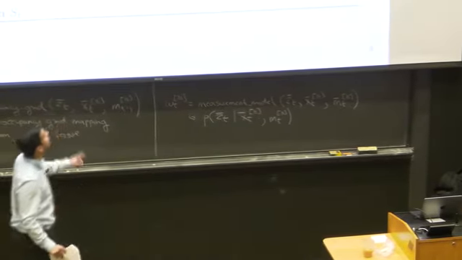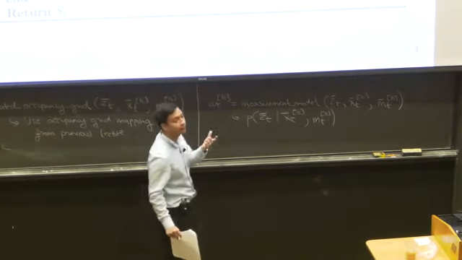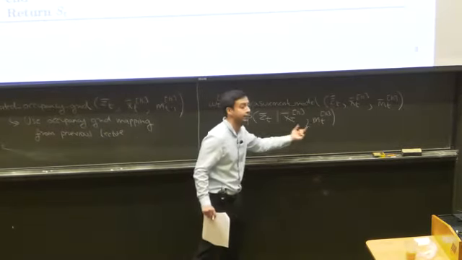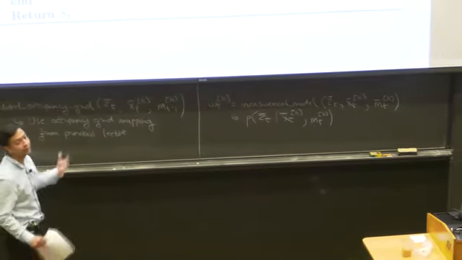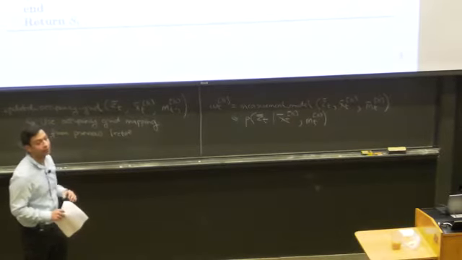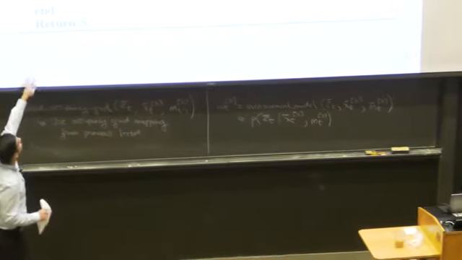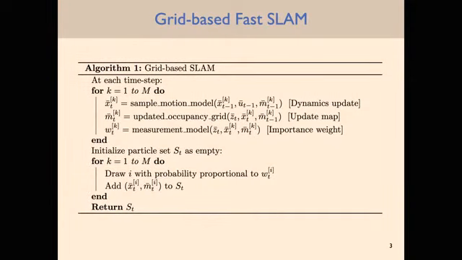So when you do the resampling step, the probability that this pair of location and map gets sampled should be very low, ideally zero. If it's truly inconsistent, then you should not sample it. The weight should be very small or zero, and so when you resample, you're going to filter that away.